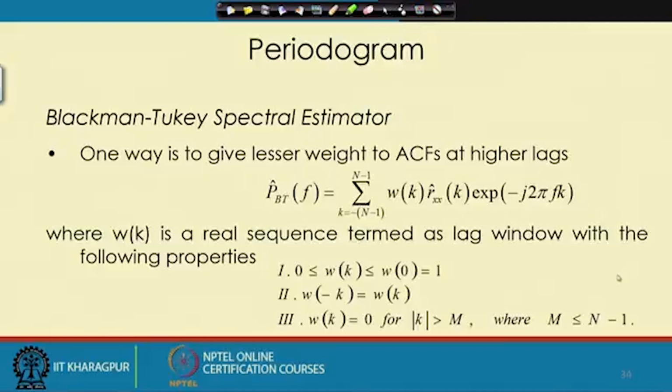So, we curtail that, we use only the central portion of the estimates and weight them to give maximum weight to the 0th lag, and for the other lags we are giving some appropriate weights, and that window should be an even window. Now, let us move forward.